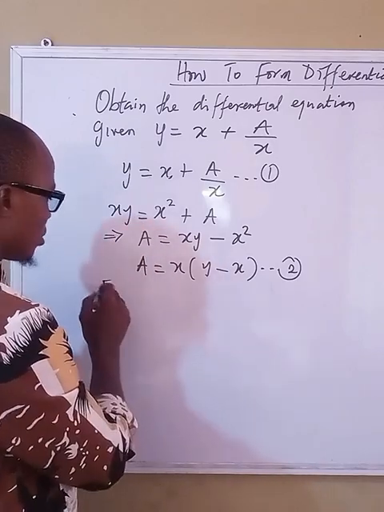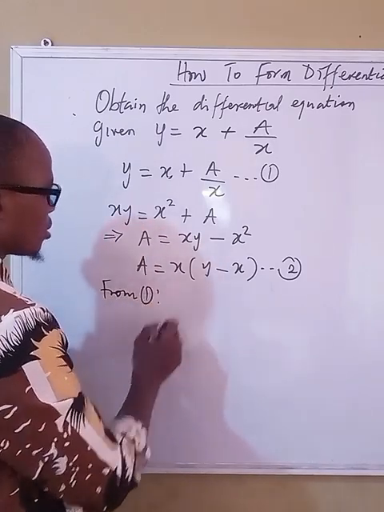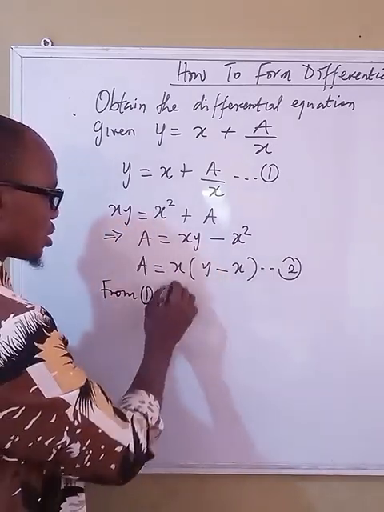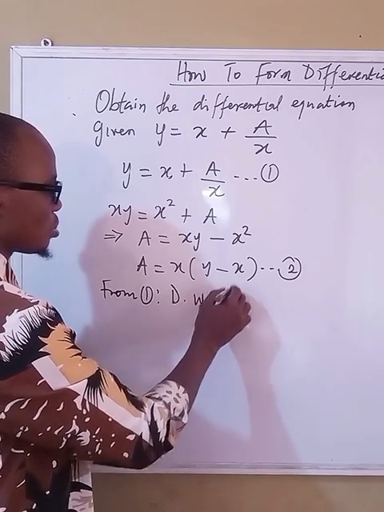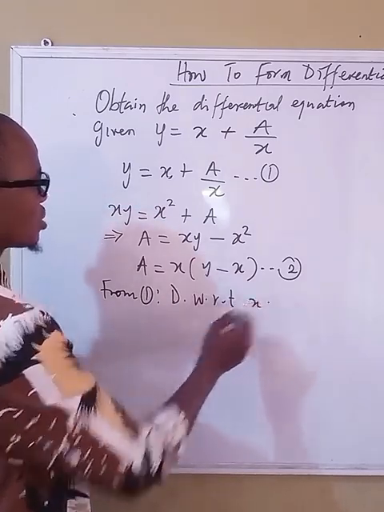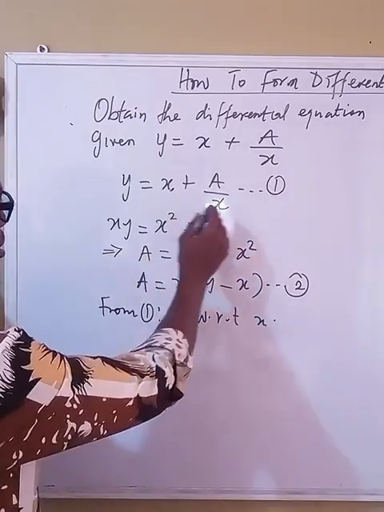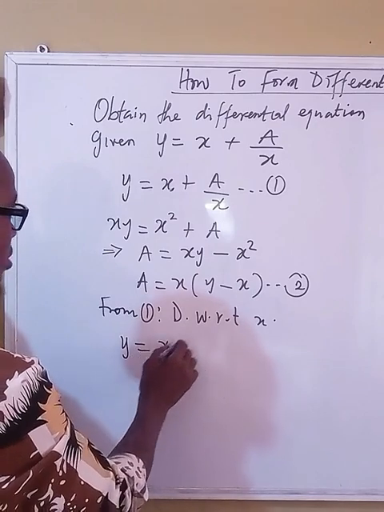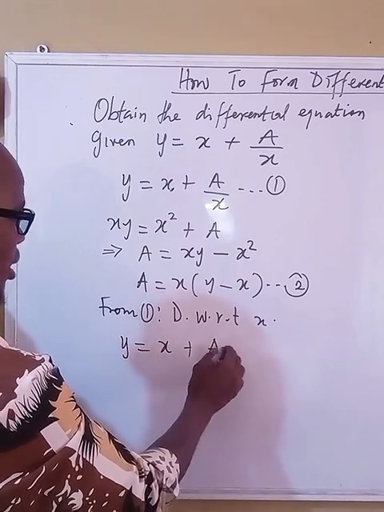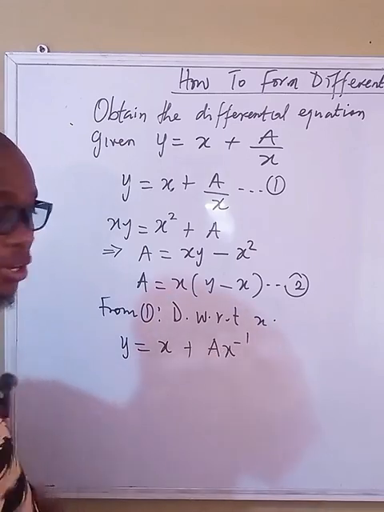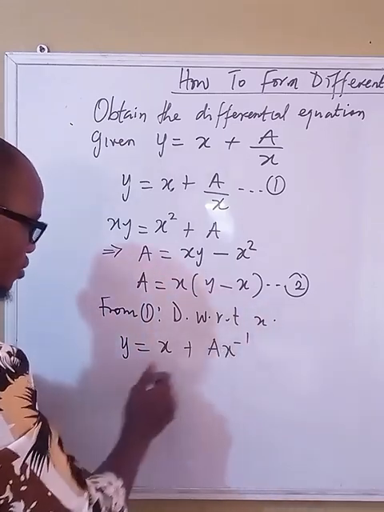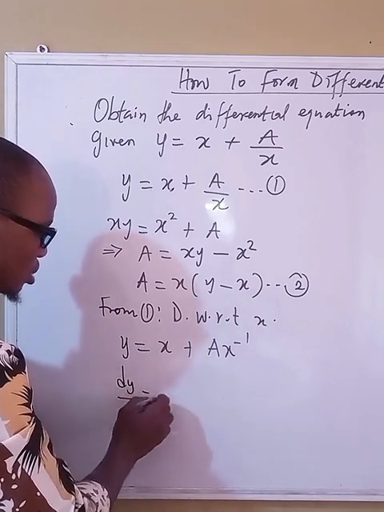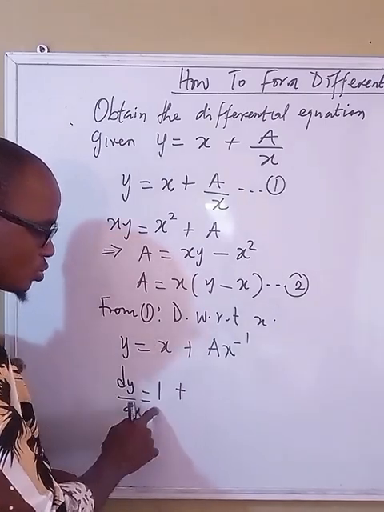Now, from 1, let's differentiate y. This is function 1. Let's differentiate it with respect to x. We can rewrite equation 1 as y equals x plus a x to the power of minus 1. From the law of indices, dy dx is going to be 1 plus, if you differentiate x, you're going to have 1.